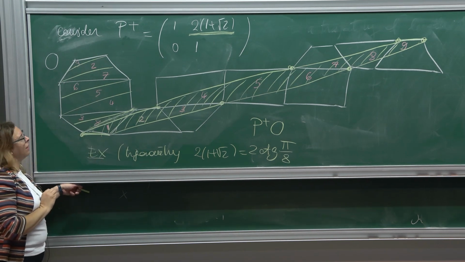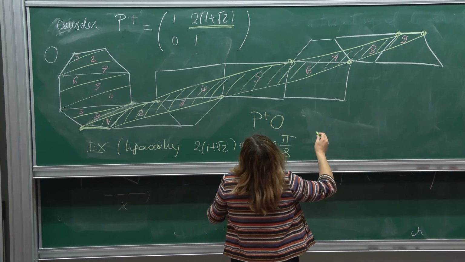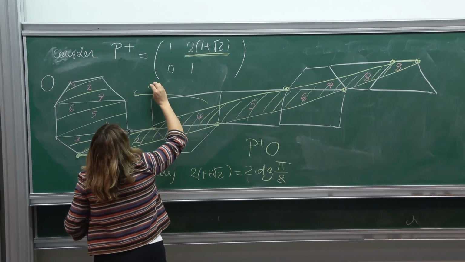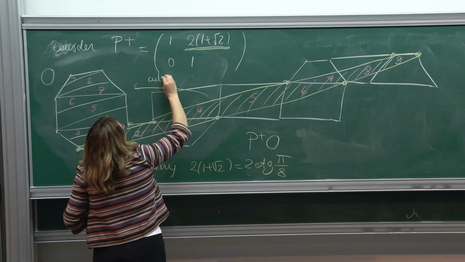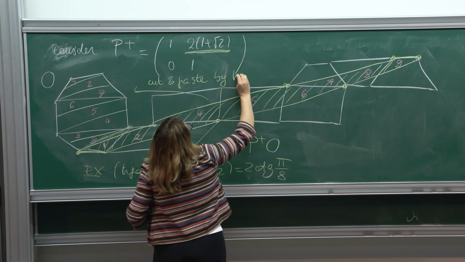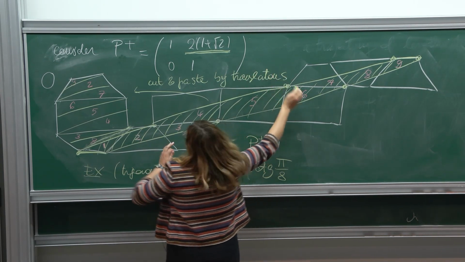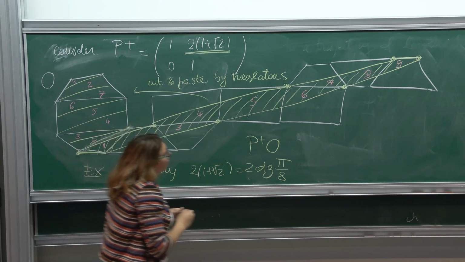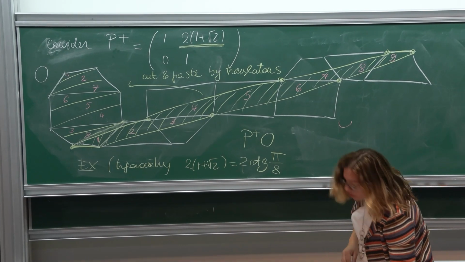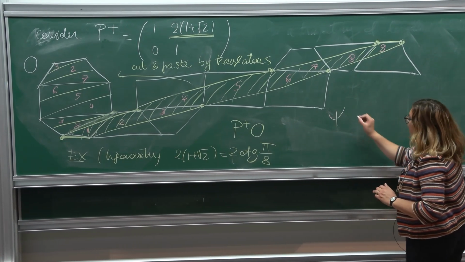So what I'm saying is that if you apply P plus to O and then take the result modulo translation, so cut and paste by translation, you can translate these pieces back to the original octagon, and you get a diffeomorphism. You should check that this is even continuous, but it is.